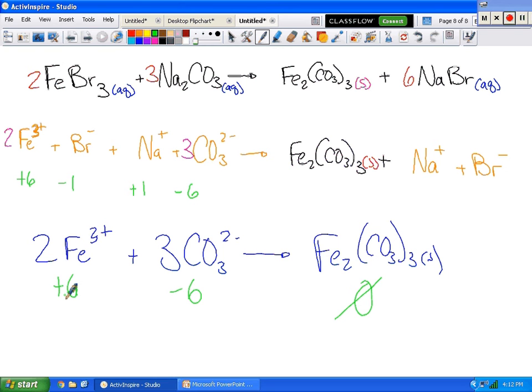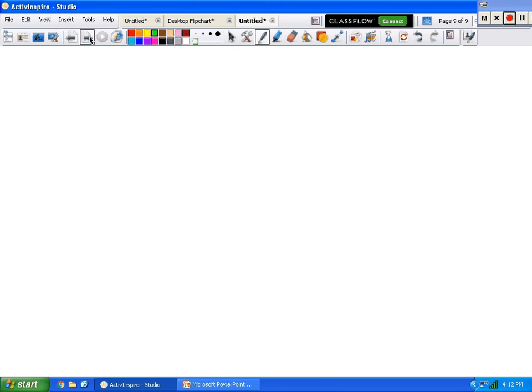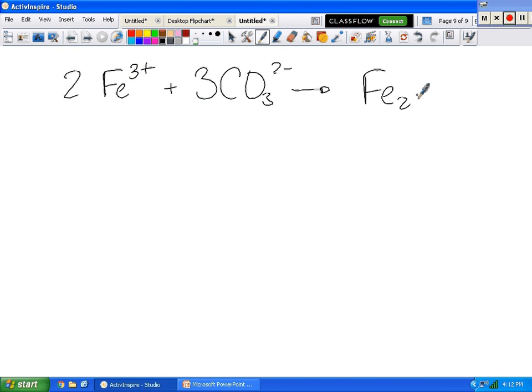Okay? All right, now, then it says find the limiting reactant. So here's what I'm going to do. I'm going to transfer this all to the next page. So I've got 2 Fe3 pluses plus 3 CO3 2 negatives gives me Fe2 CO3 3. Okay?